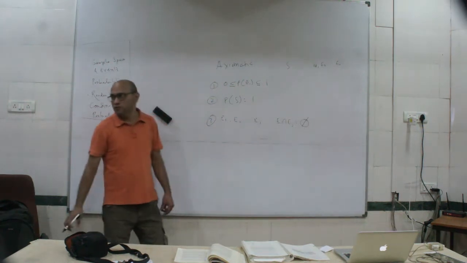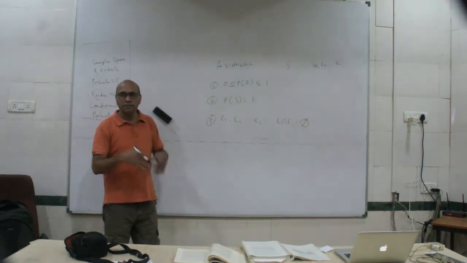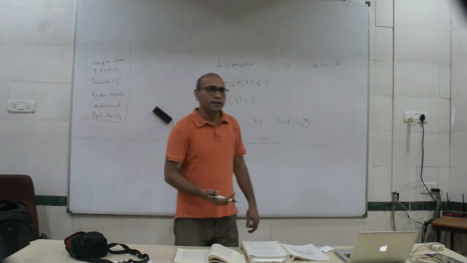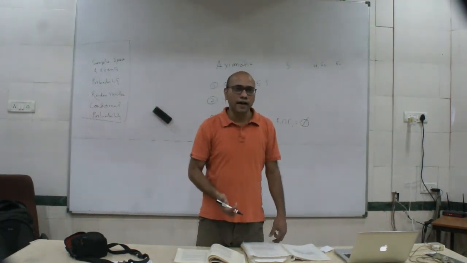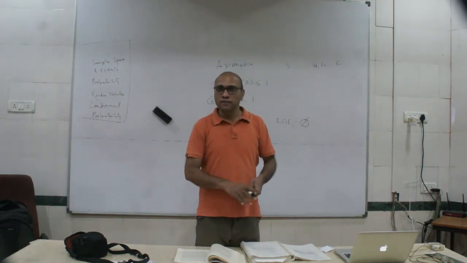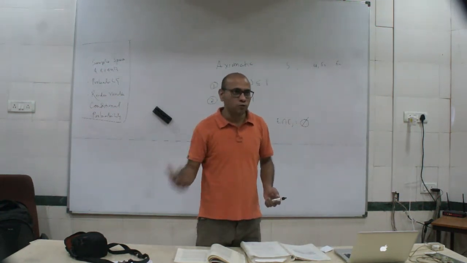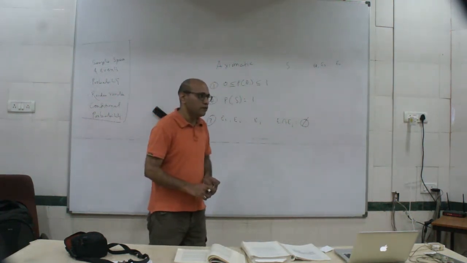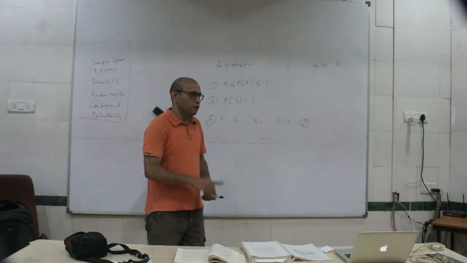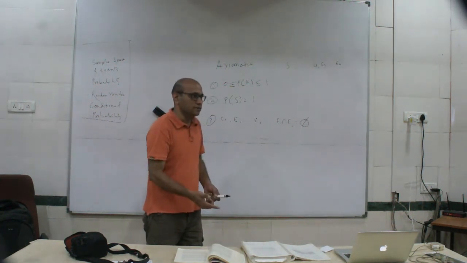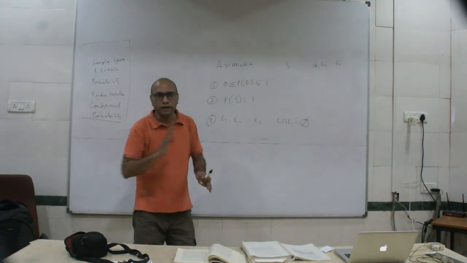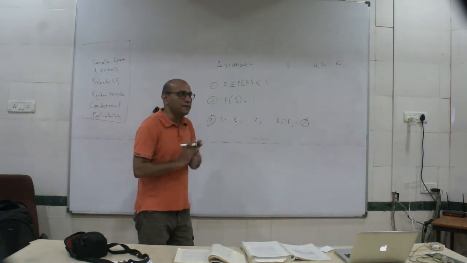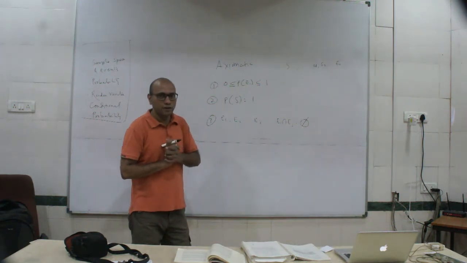So they are mutually exclusive. As one event occurs, the other doesn't occur. If I roll a die and get 2, I can't get 4. All events on the roll of a die are mutually exclusive. If I'm tossing a coin and I get heads, I don't get tails. If A occurs, B can't occur. If B occurs, A can't occur. They can't occur together.